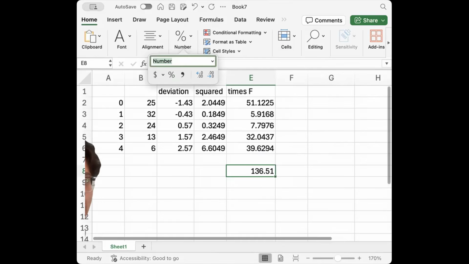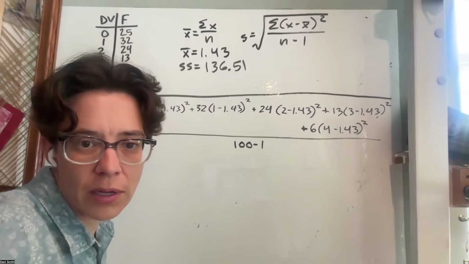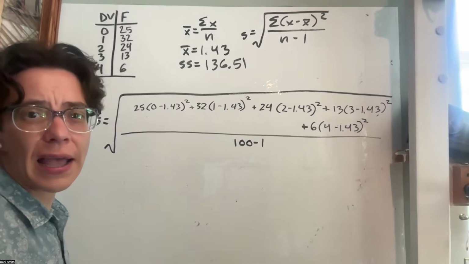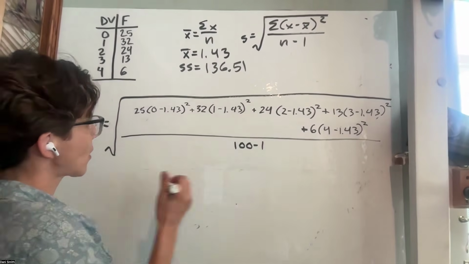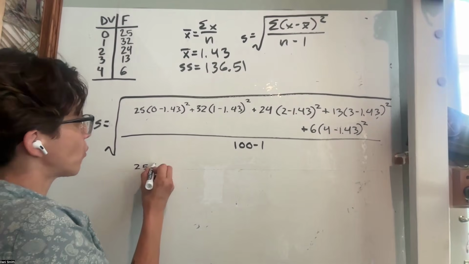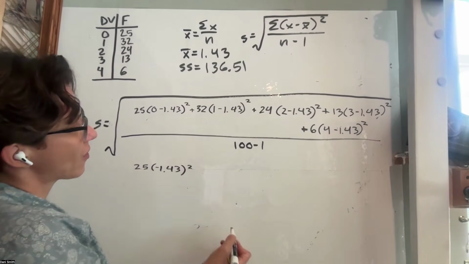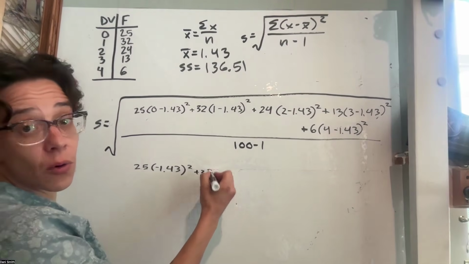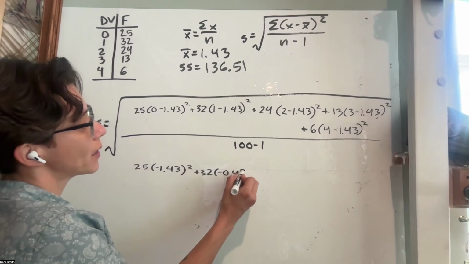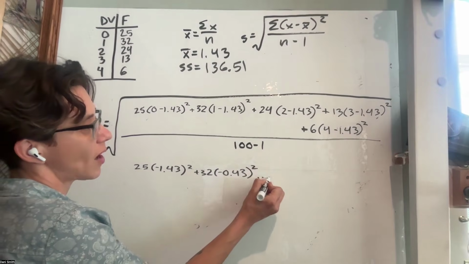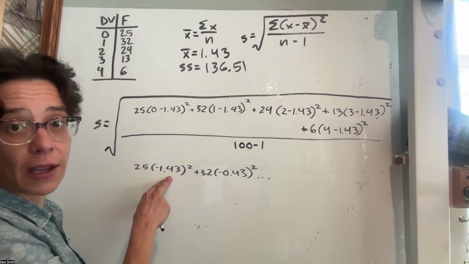If I translate that back to the board, the deviations when I did this part, I ended up with 25 times, the first one was negative 1.43. I still needed to square that, and then 32 times negative 0.43. Now, I'm not going to write out the entire thing. I'm going to put dot, dot, dot to show that you would do the same thing for the others. So that's where those values are integrating in here.